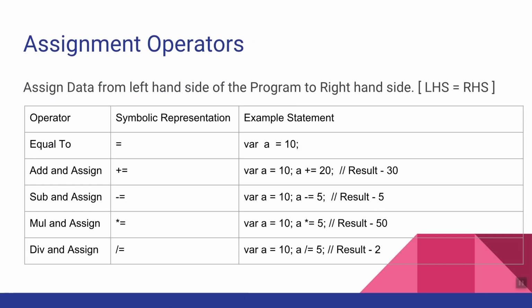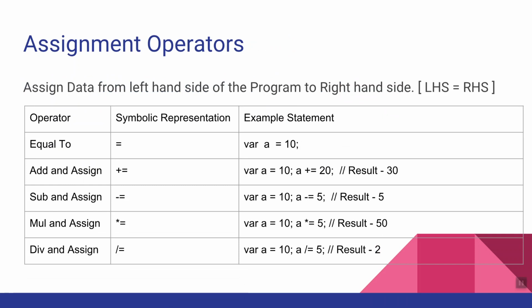But before you assign it, you perform the addition operation with whatever value is available in it. Considering that the value of a is equal to 10, it will first perform the addition, so 20 plus 10, which becomes 30, and then the value 30 will be assigned to your variable a. So the result would be 30.